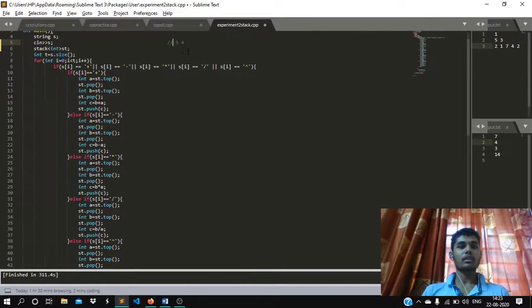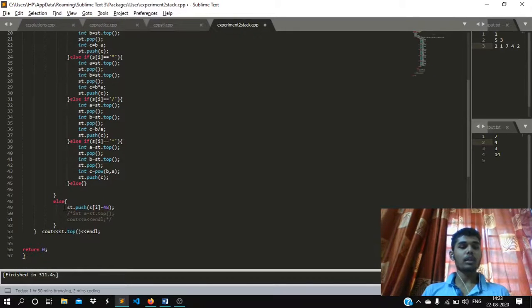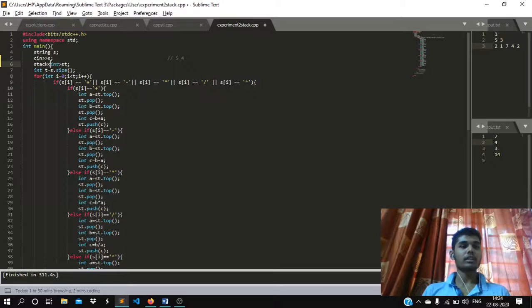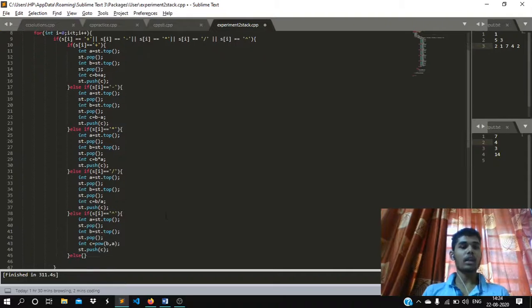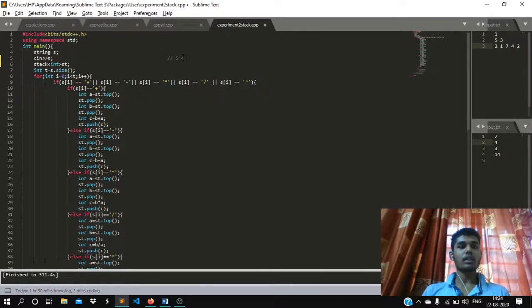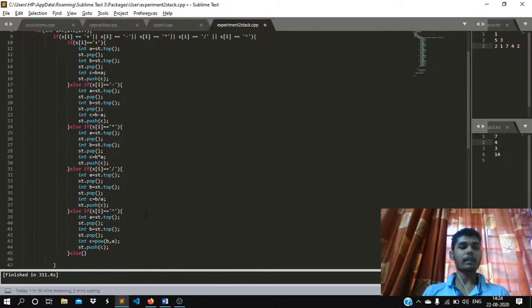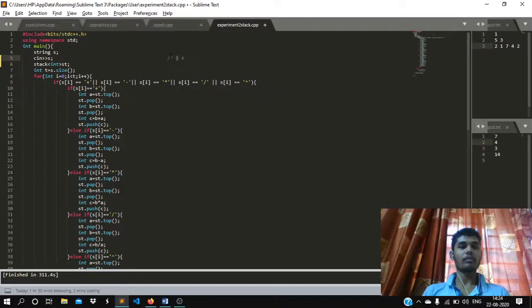Whenever we encounter a 5, here we are pushing in the stack st.push of s[i] minus 48. Since s[i] is a character, and we are defining an array of integer type, C++ will convert the character to its corresponding ASCII value. Since zero's ASCII value is 48, we subtract 48 from our character so that we get our original number. So we get the ASCII value of 5, subtract 48, and we get a 5 in our stack.